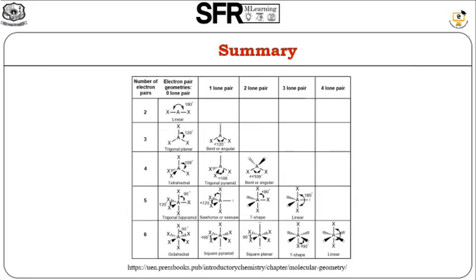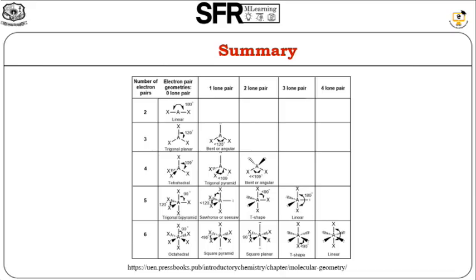Next, we summarize all the concepts. Without lone pairs, when the steric number is 2, the geometry is linear. Then steric number 3 is trigonal planar, then tetrahedral, then trigonal bipyramidal, while steric number 6 means octahedral. If the molecule contains one or more lone pairs, the geometry may differ according to the lone pairs present.